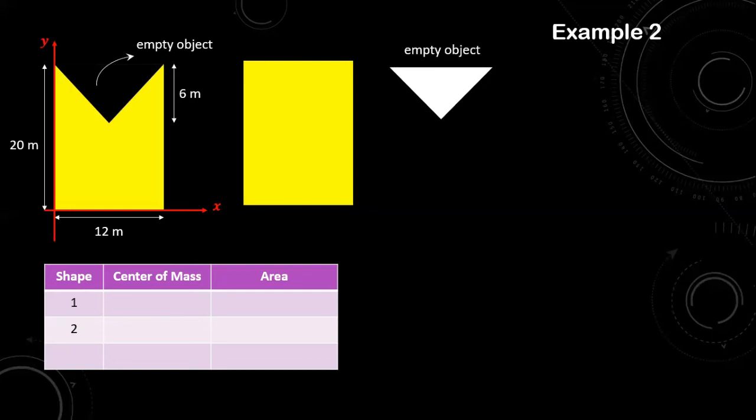Okay, students. The first object is a whole object. You have to imagine this one is the whole object. We can find the center of mass of this object, which is the center of mass of the rectangle, by drawing two intersecting diagonals. Okay, that's right. This is the center of mass. So I think it's very easy to find the center of mass of this object. 6, 10, right?